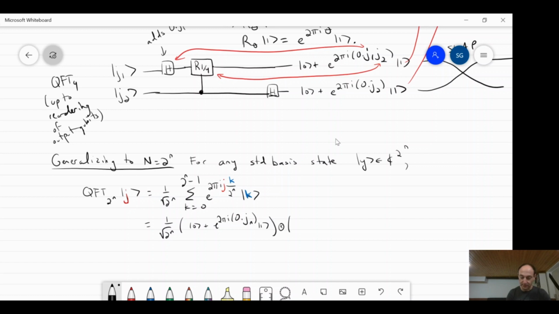And then we have tensor 0 plus e to the 2 pi i 0.jn, jn minus 1, tensor, all the way down to 0 plus e to the 2 pi i 0. Did I do this backwards? Yeah, this is backwards over here. Apologies. So this should read jn minus 1 and jn.